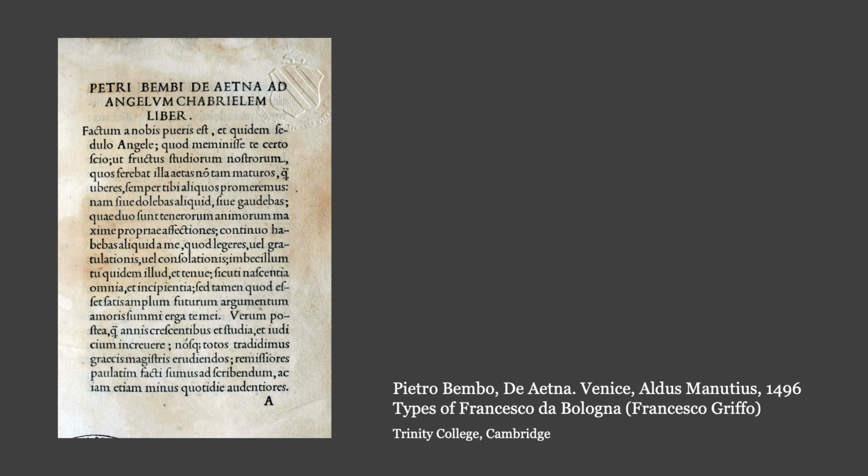Let's concentrate now on another printer back in Venice, and this is a certain Francesco da Bologna. That's all we ever see in print. Francesco from Bologna, the city. And it's an essay in classical Latin, very deliberately imitating the great Roman authors, by Bembo.